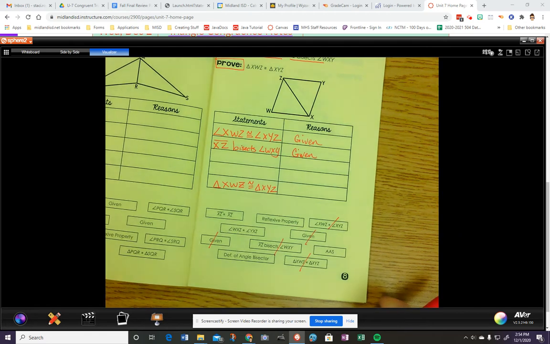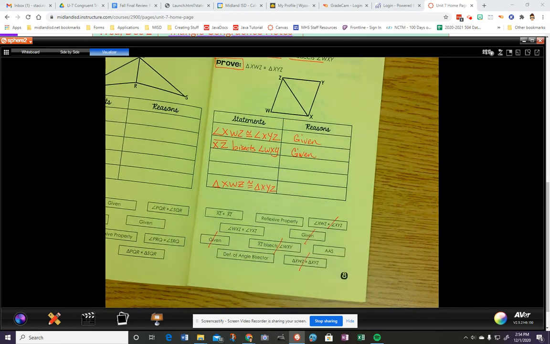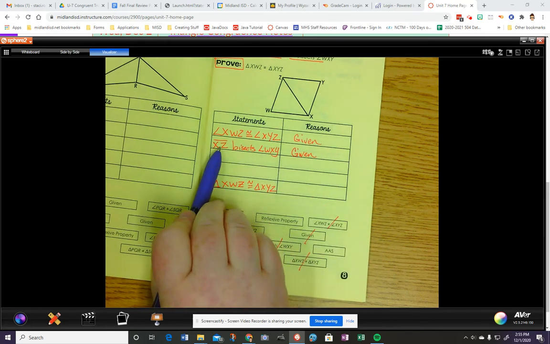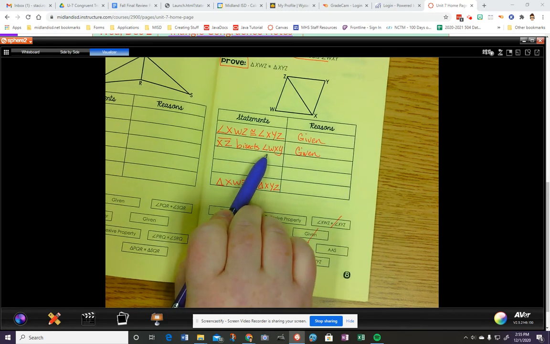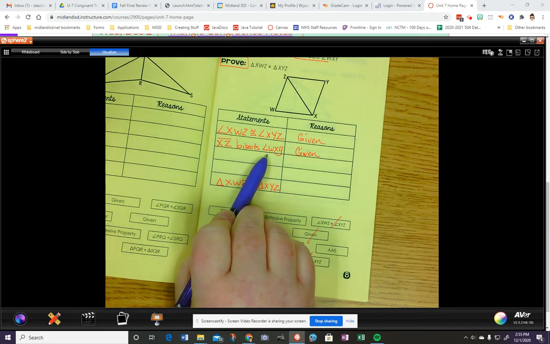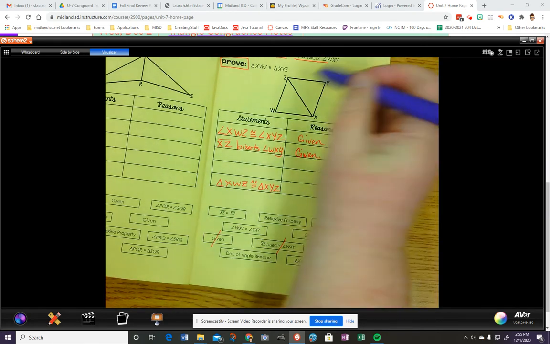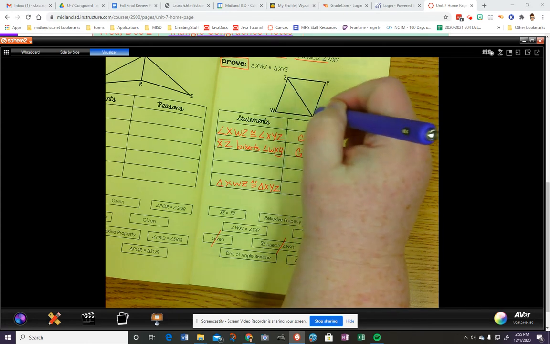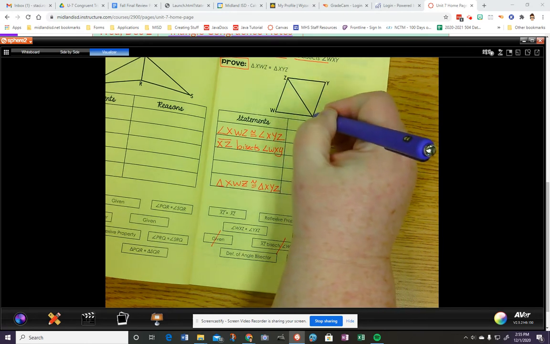Okay, so now I'm going to change colors. I'm going to go back to purple. We've got our sandwich. Now let's think about it. If XZ bisects WXY, bisects means cut in half, like a midpoint cuts in half. So here's XZ and it bisects WXY.